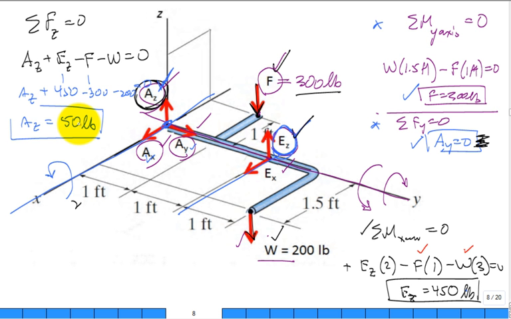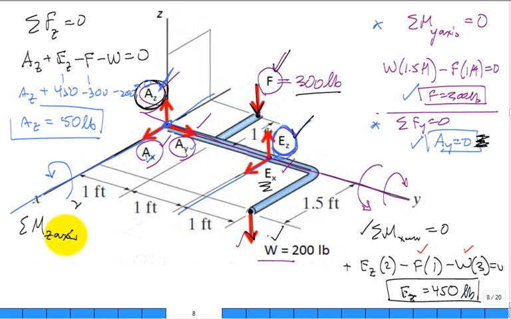Anybody else want to contribute? Which one do you want to solve for? EX. How are we going to solve for EX? Perfect. The sum of the moments about the Z-axis. Now you could use any axis parallel to the Z, but here let's just punch it through point A or put it through the origin.